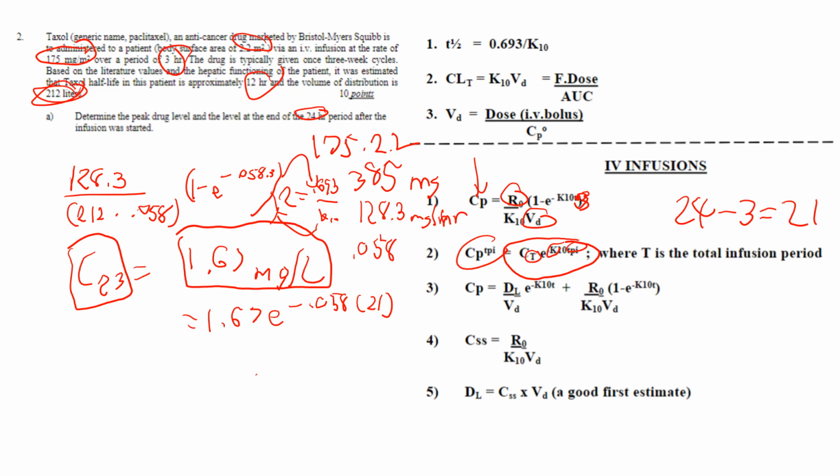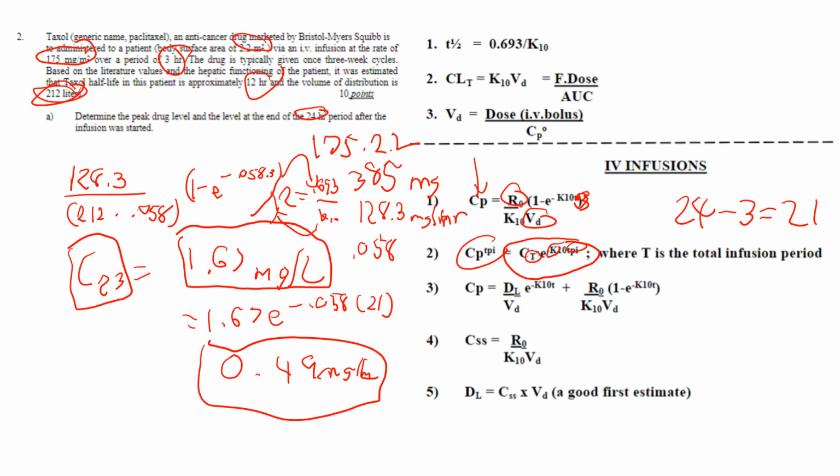We get our concentration to be 0.049. I could do more digits, but why bother. Milligrams per liter.